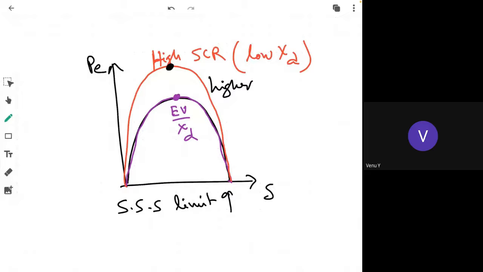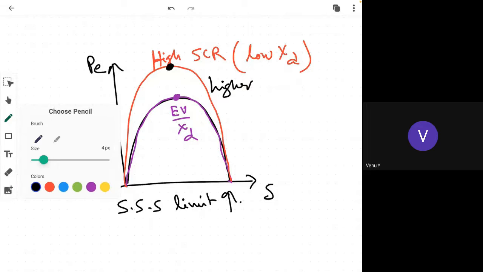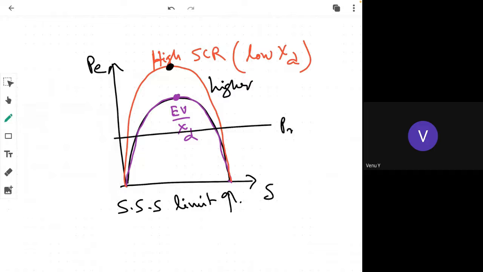When the steady state stability limit has been increased, naturally it leads to, so this is the PM, this is the point. So initially it was accelerating area A1, decelerating area A2, and this is the available margin A1.